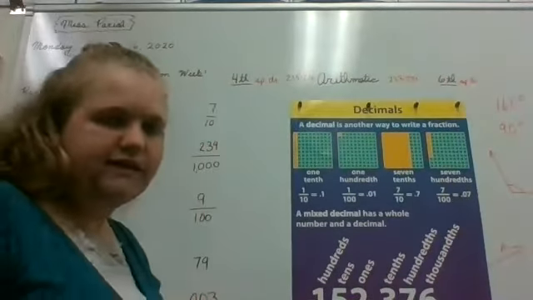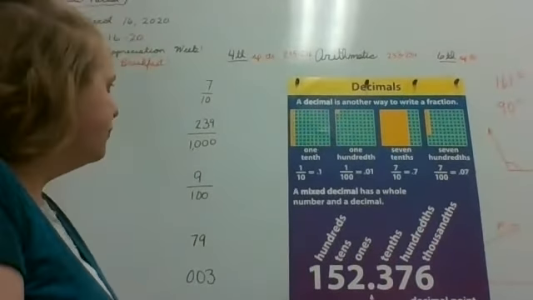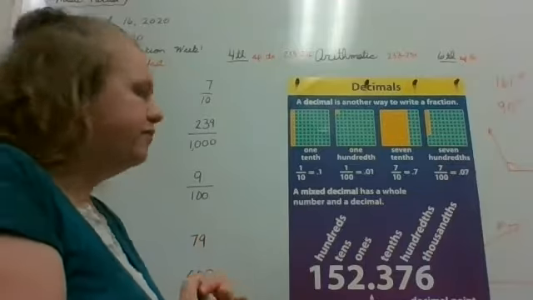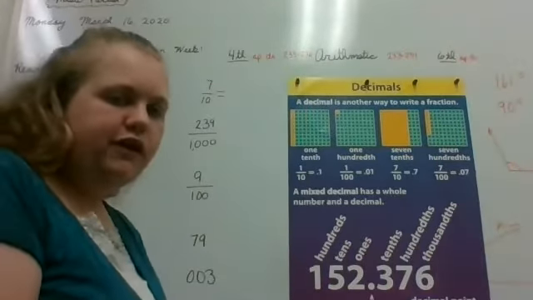So up here we've got 7/10 for our board review, and so how would we make that a decimal? Okay, anyone?